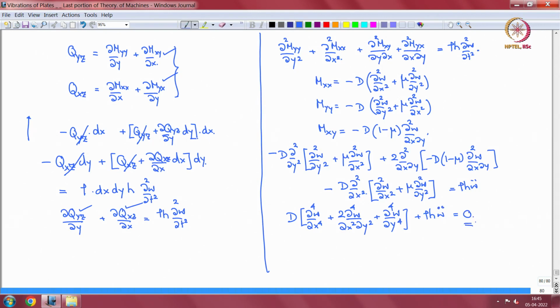There is no forcing. Okay, so that's how you get the plate equation from force balance.